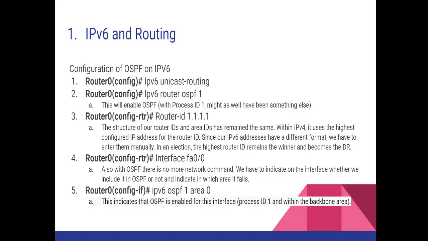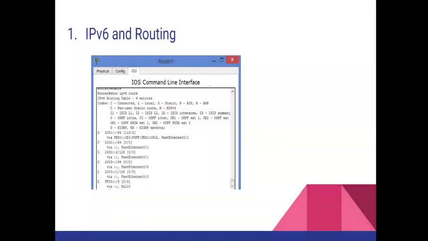For example, you have to specify that it's IPv6 instead of IPv4, and you have to specify the router IDs and the process ID. And this is eventually how it looks if you show the ipv6 route when you have these OSPF routes configured.